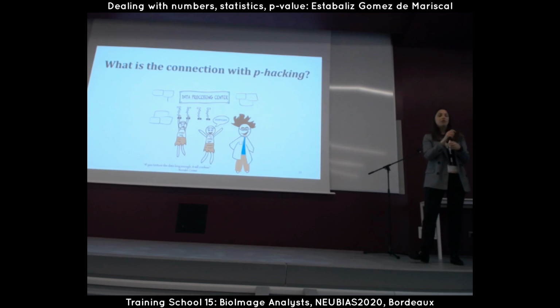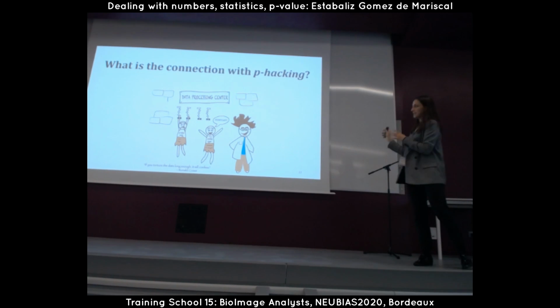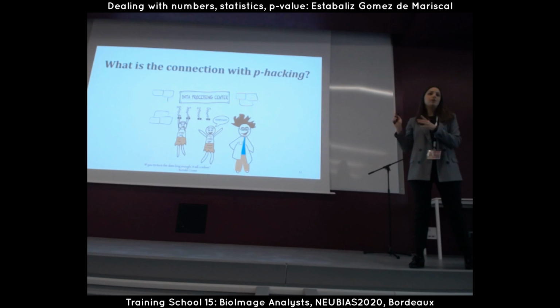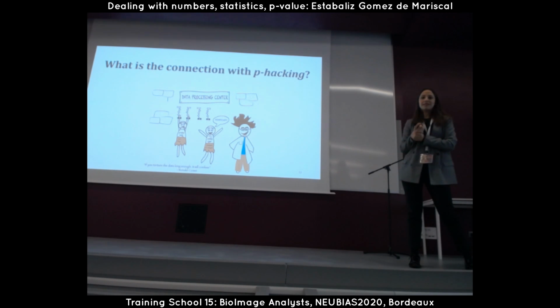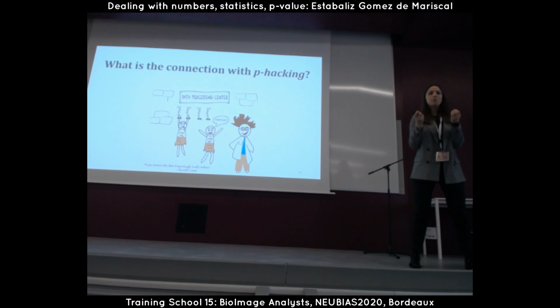Okay, and it's a whole phenomenon. We are not going to discuss it, but there's one reason why you can do p-hacking. So what is the connection between what I explained to you and this? With a higher number of samples, your p-value decreases. Exactly. So you have a function of n, so you will always be able to hack your p-value.